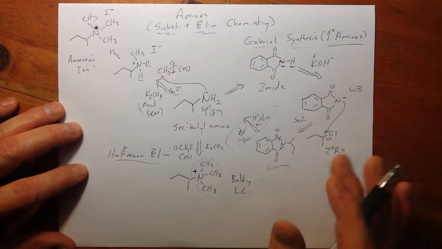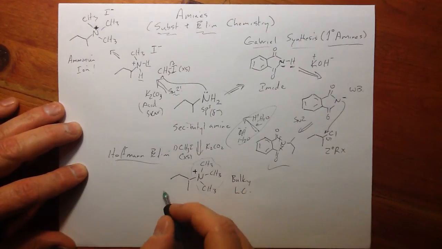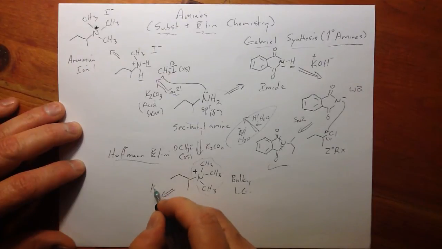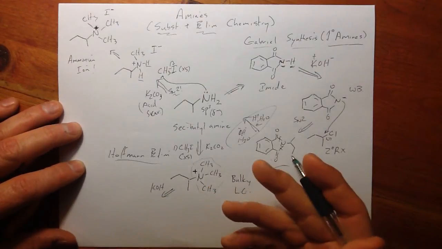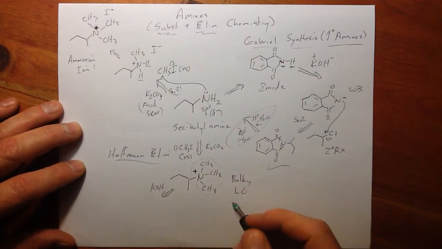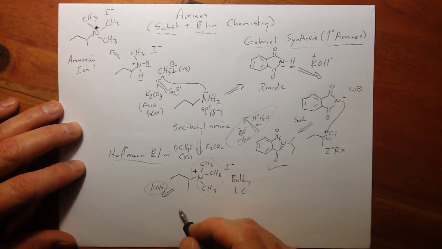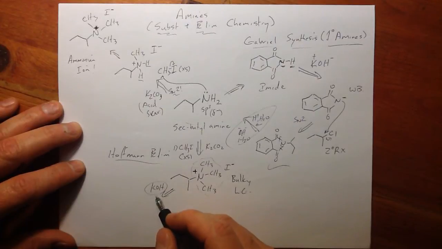We're going to have to drive it off though, so what we're going to do from this point is add KOH, or you can get away with silver oxide, which in the presence of water and the remaining iodide here will generate the strong base hydroxide that we need.